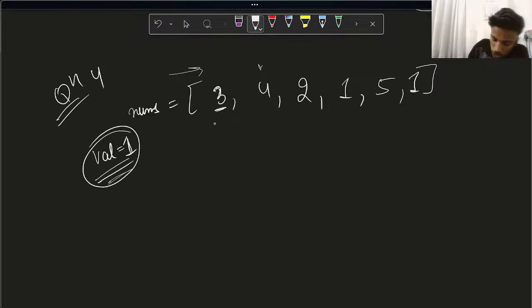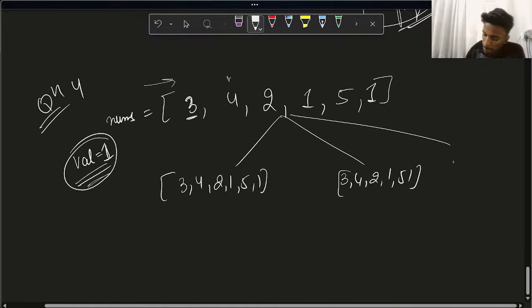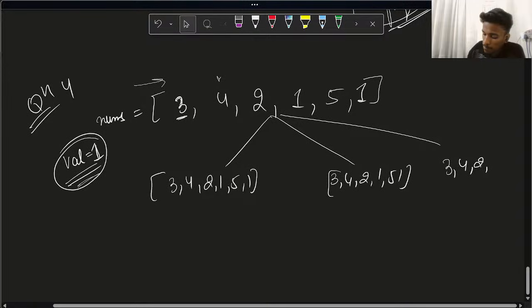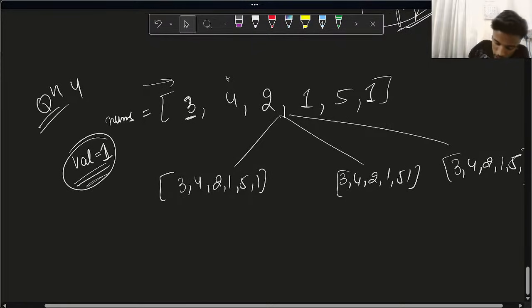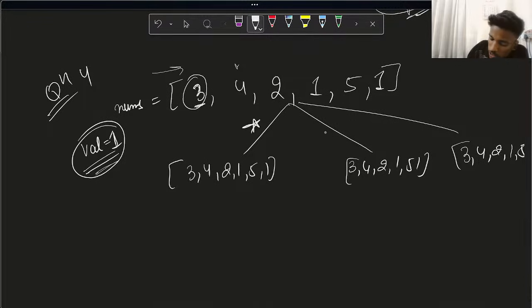What are the possible values? Now I am on the first index, where I can multiply, divide, or leave it unchanged. Initially val was equal to 1.